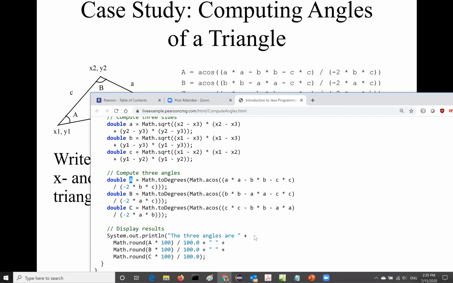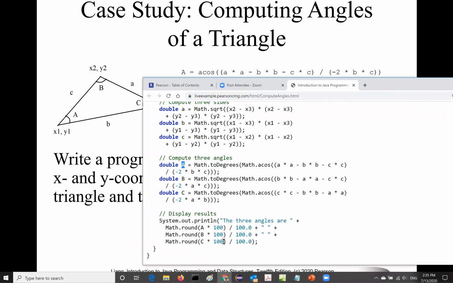So we're getting the degrees. And now we're going to display 2 digits after the decimal point using Math.round, and then divided by 100.0.